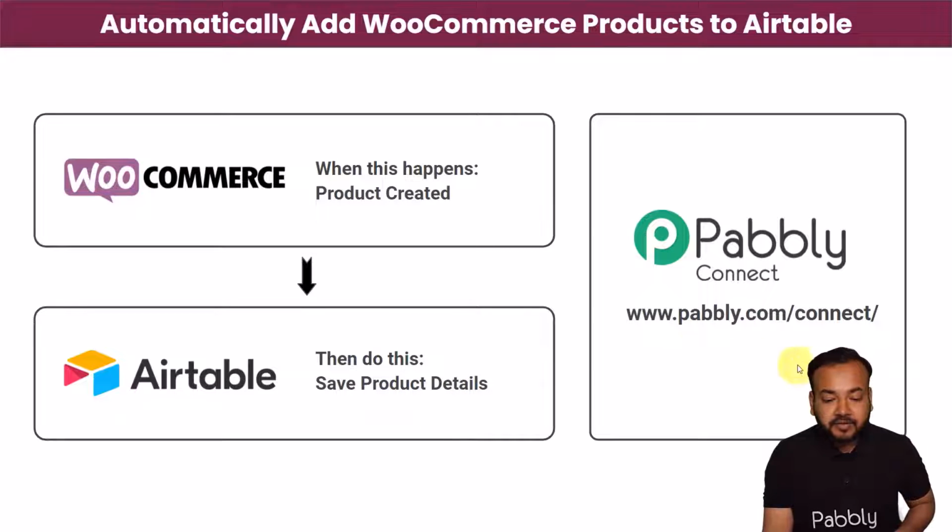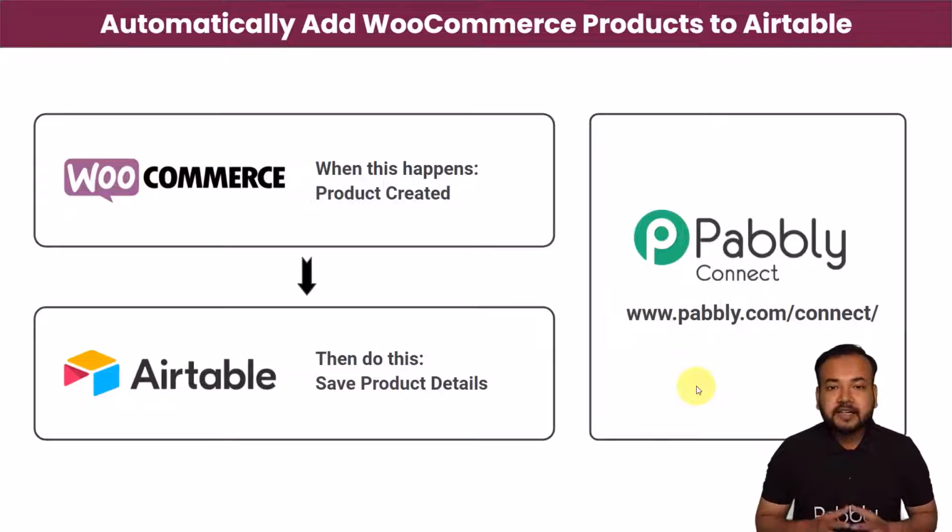And to make this happen, we are using Pabbly Connect, which is an integration and automation tool. And guys, the best part of setting up this whole automation is that you will not require any kind of coding skills or programming knowledge. So anyone can set up this automation very easily. So now let's set up this automation together.